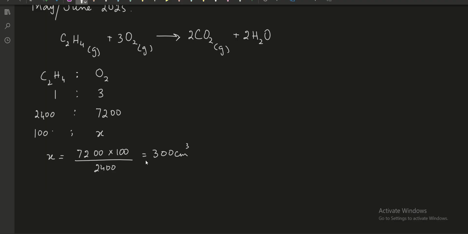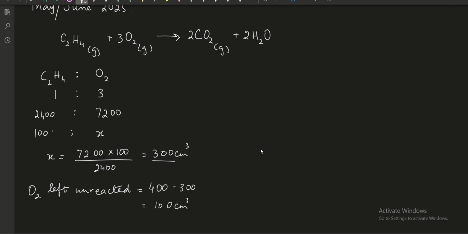So out of 400, 300 will react, and then how much oxygen would be left behind? Oxygen left unreacted will be 400 minus 300. So 100 centimeter cube of oxygen would be left unreacted.